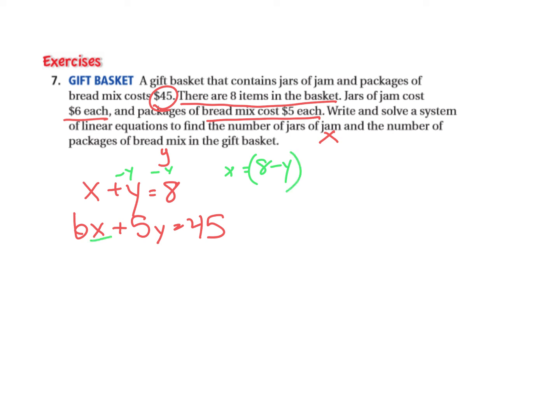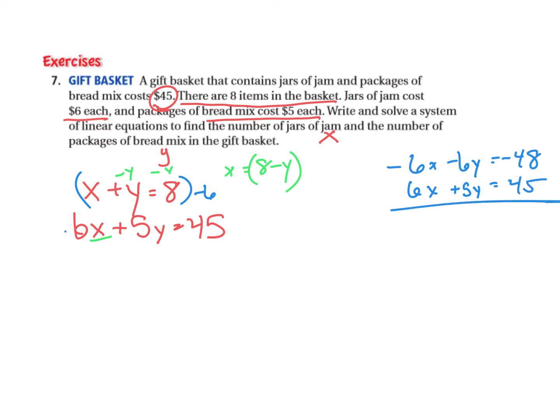Or I could multiply this first equation by, let's say, a negative 6. That would give me a negative 6x, a negative 6y, and a negative 48. And I put the other equation underneath. So my x's would cancel out. That would leave me with a negative y.